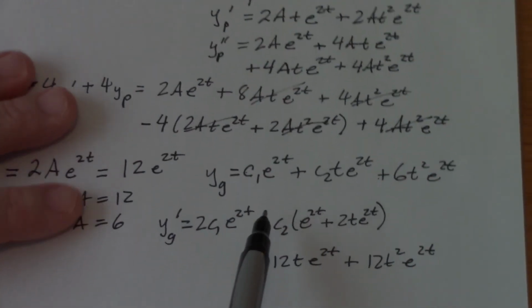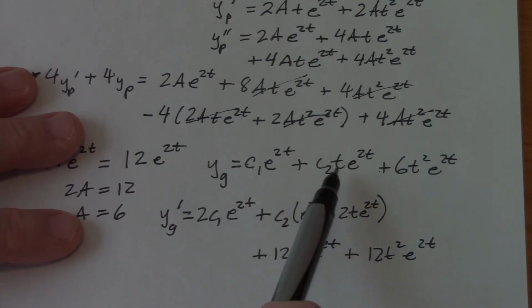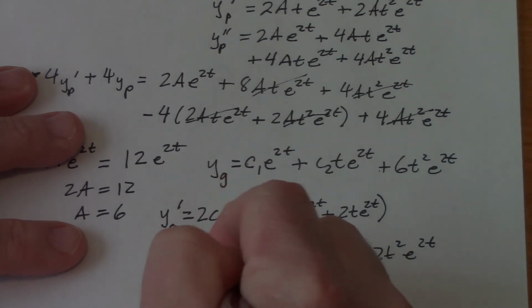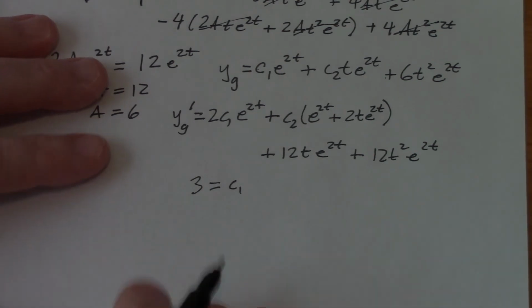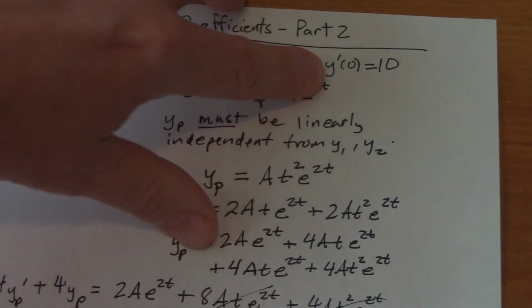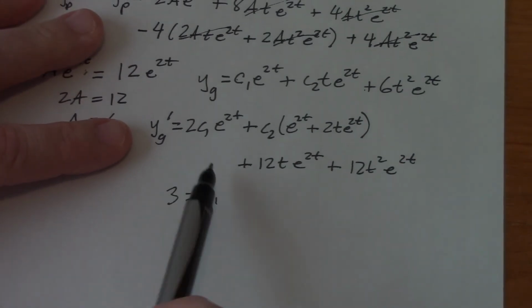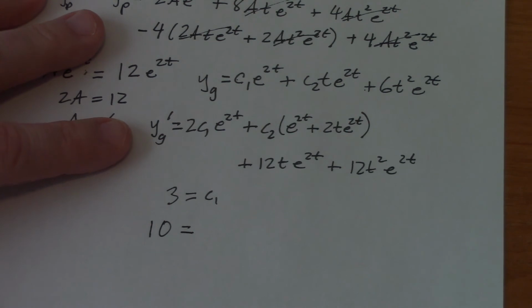So right here in yg, when you plug in 0, that's 0 and that's 0, so all that stuff goes away. So all we have is that 3 equals c1. That was pretty easy. Okay, and y prime is 10 at 0. So let's take a look at this. So 10, what's that going to equal?